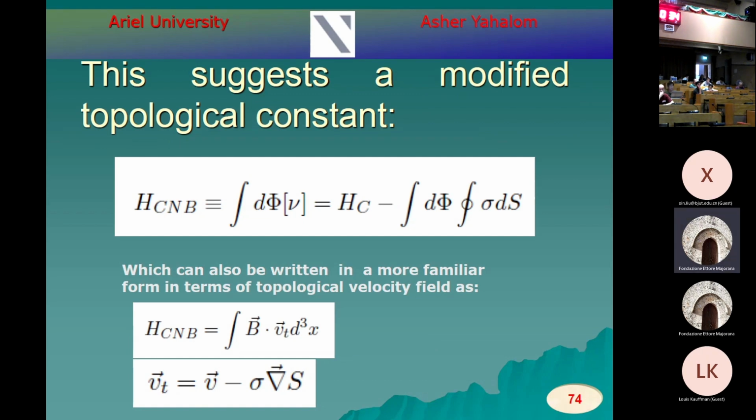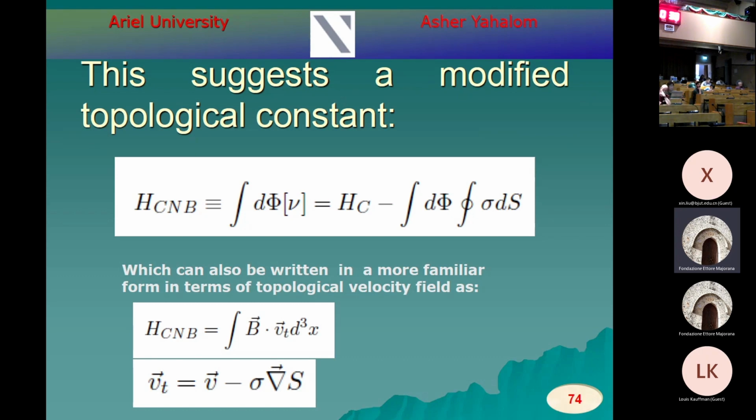So this is a non-barotropic helicity defined just by the integral of the flux times the discontinuity of nu, and this is equal to the standard cross-helicity minus this form. Okay? Now, if you want to write it in a more standard way, you can show that you can write it just as the dot product of a magnetic field times a topological velocity.